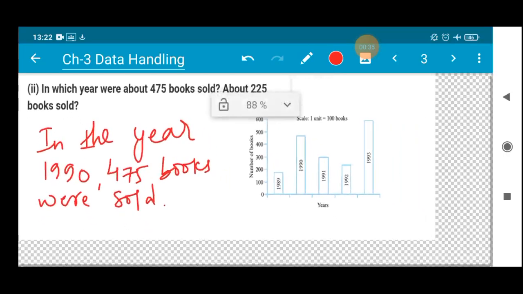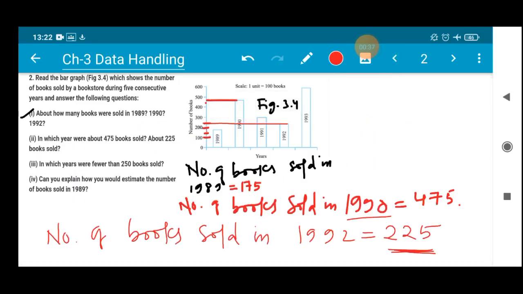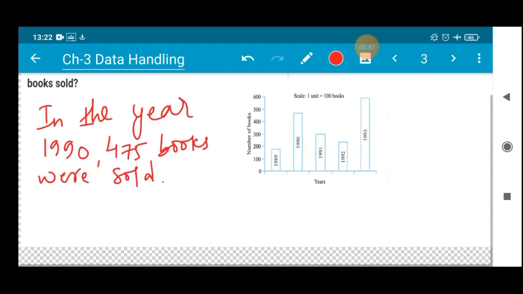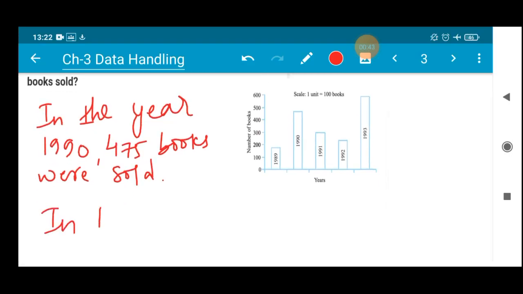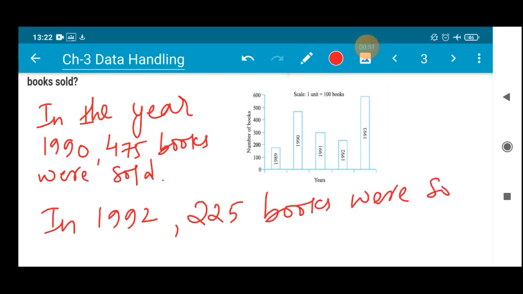In our previous sum also we found that in 1992, 225 books were sold. According to the previous data, we have used it in this question number 2.